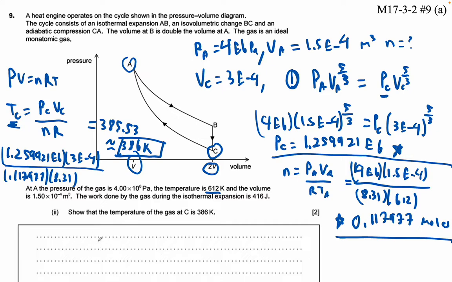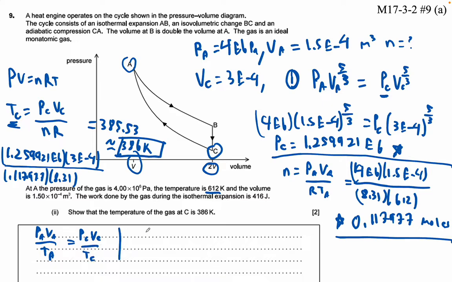The other way to do it, if we didn't want to find the number of moles, we could just go PA VA over TA is equal to PC VC over TC.